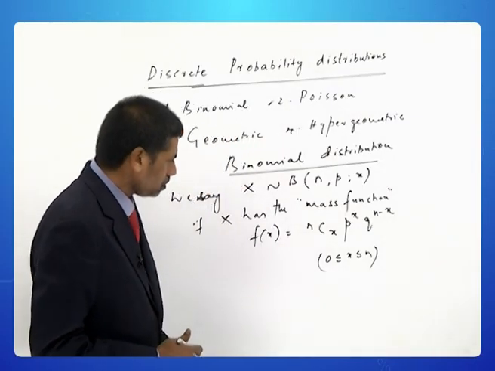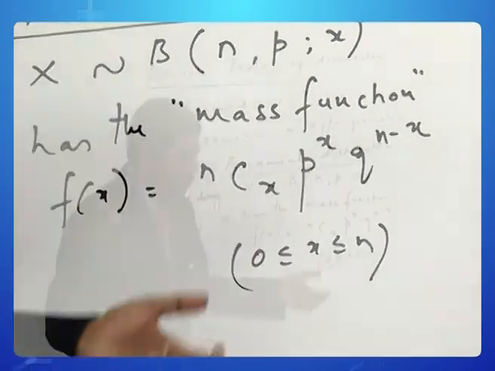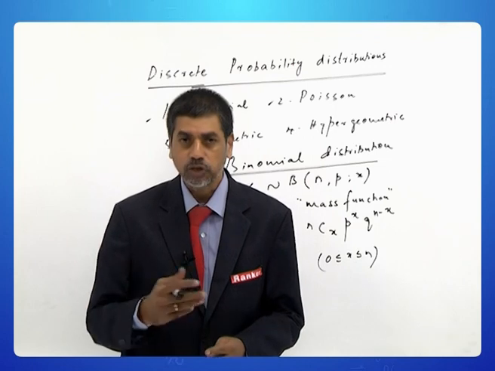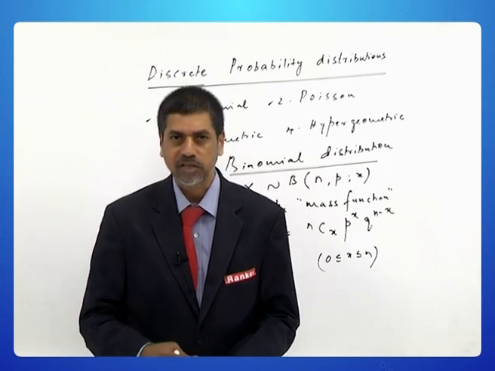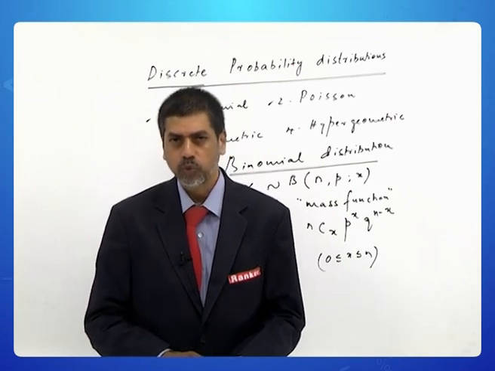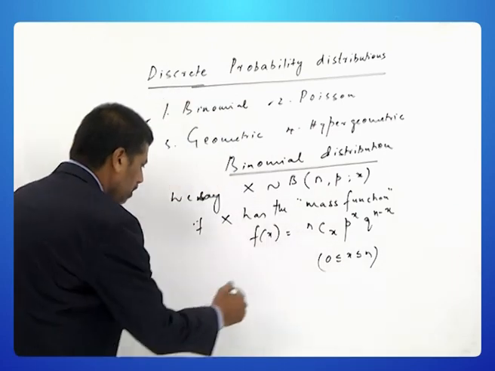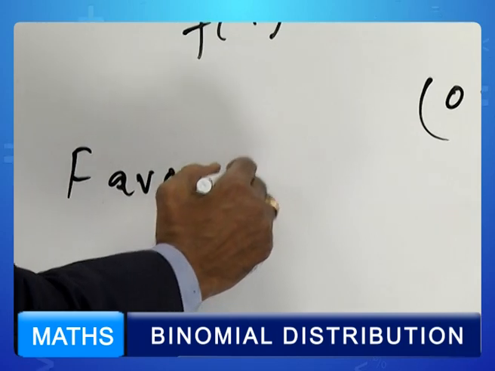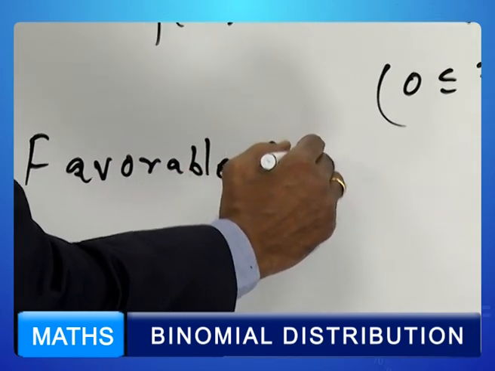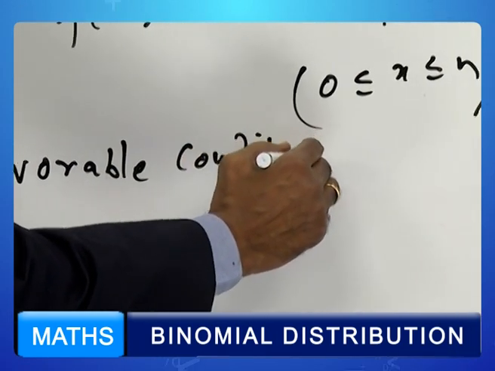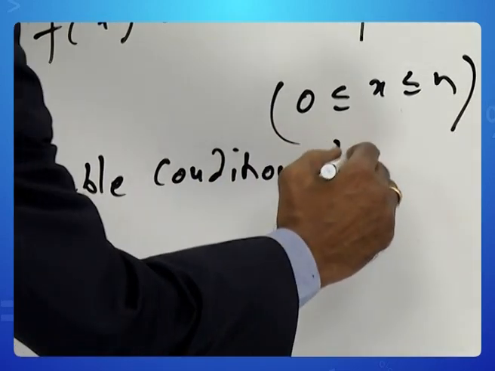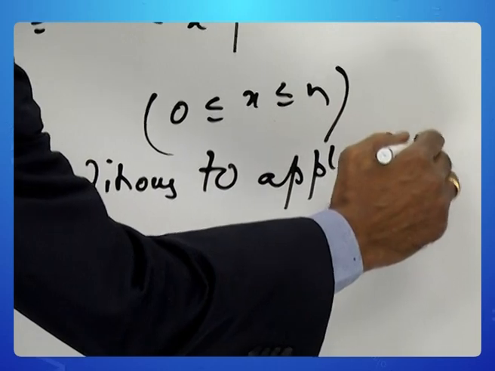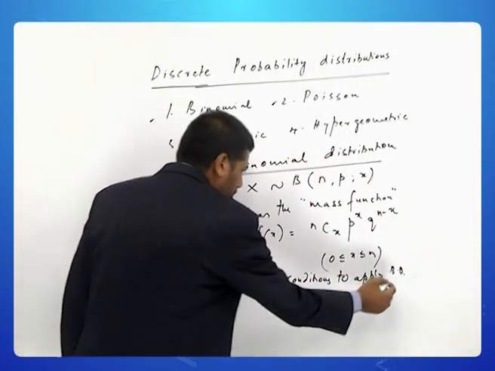Now there are some limitations of the binomial distribution. One of the serious limitations is that n should not be very large. The number of trials that you conduct should not be too large. So we say favorable conditions to apply binomial distribution.